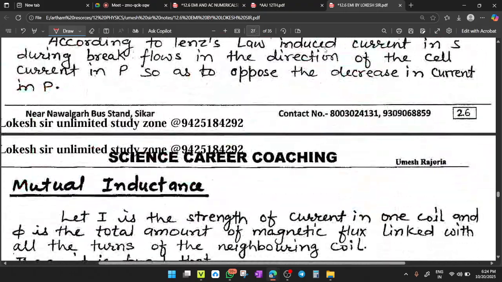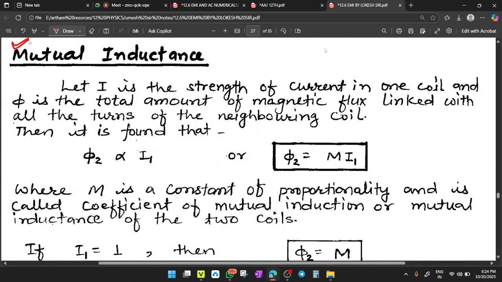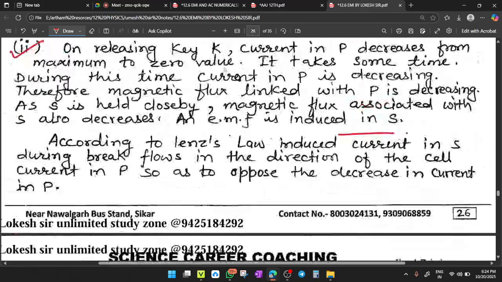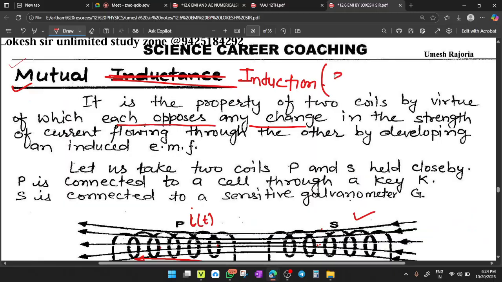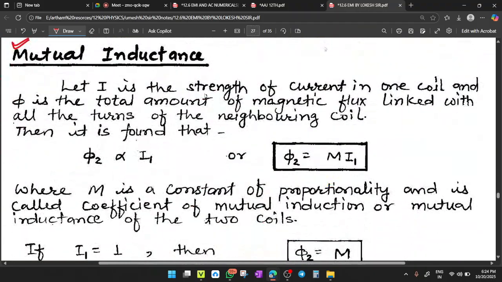Right. Now we are going to learn what is mutual inductance. Mutual induction is a process, a phenomenon, the event you just saw here. But mutual inductance is the property of two coils.